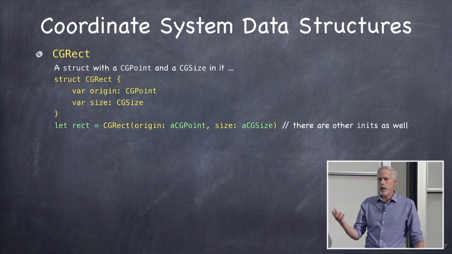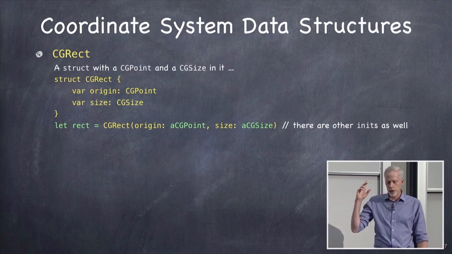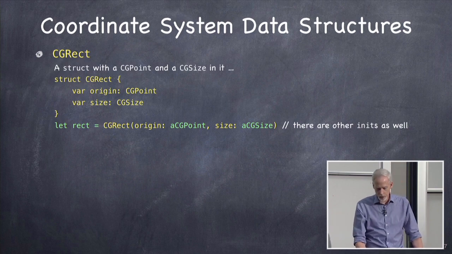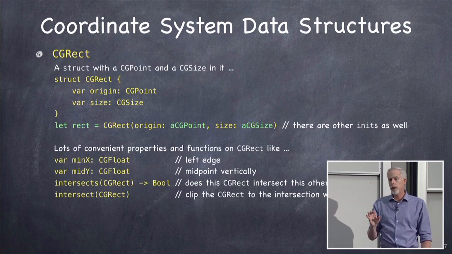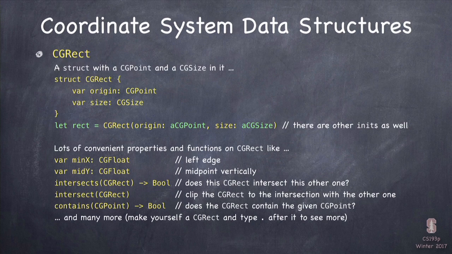So creating a CGRect, there's actually quite a few initializers for it. You can create one with an origin and size, you can do x, y, width, height, things like that. And CGRect also has a lot of really cool little convenience vars and funcs, like minX, maxY, midY. Those will tell you things like where's the left edge of your rect, the top, the bottom, the middle points, etc. There's also nice functions like intersects other rect, which will return whether the two rectangles cross over, right?